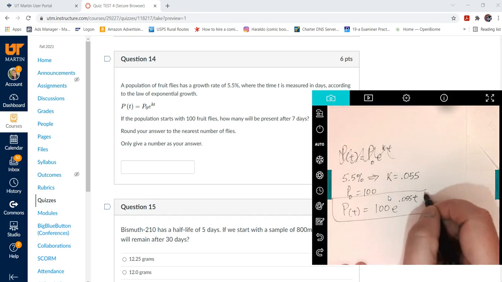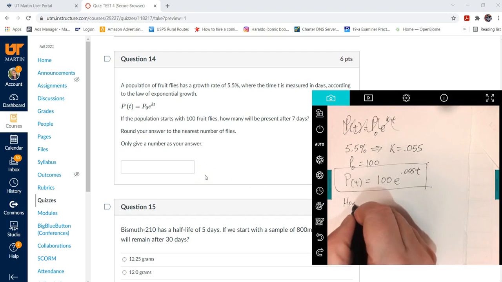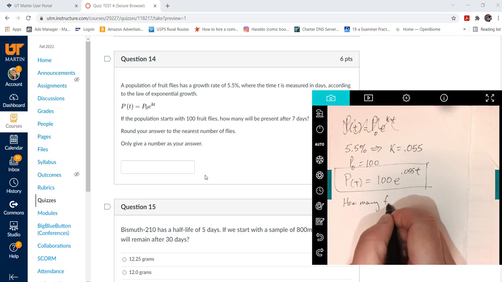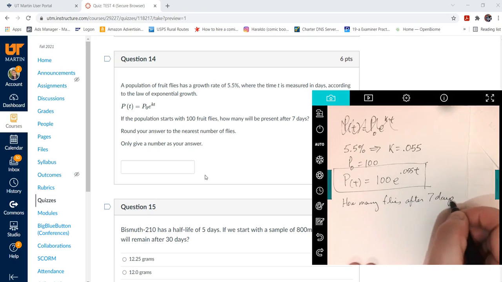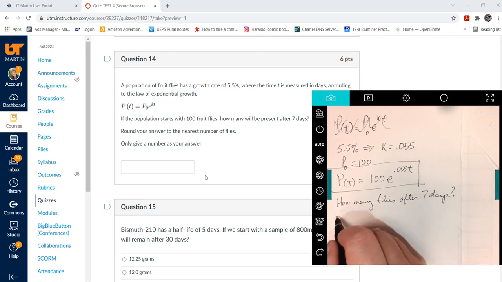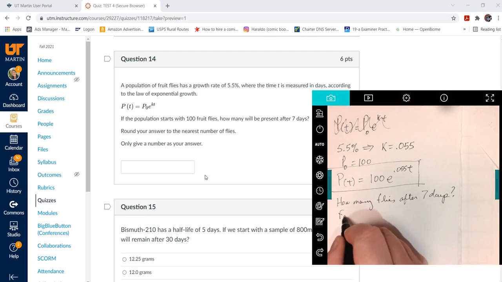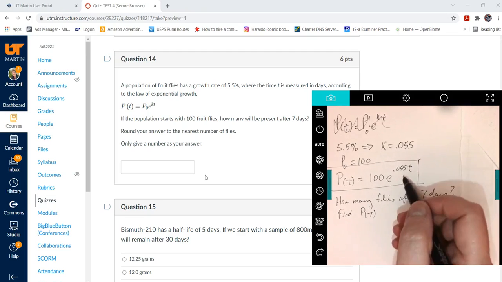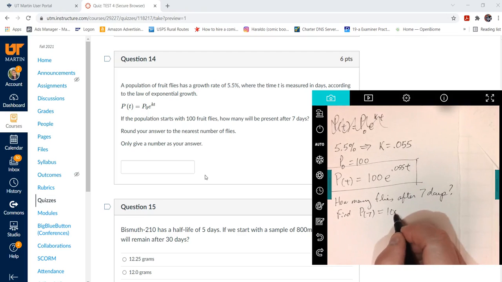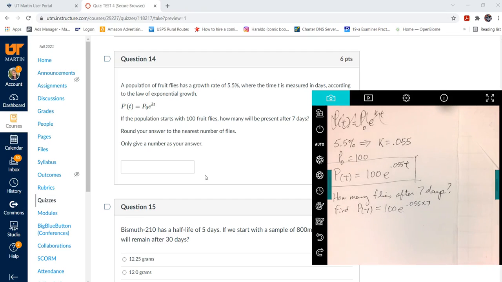This is the formula that we're going to use. How many flies after 7 days? So P of t is the population at time t. We're supposed to find the population after 7 days. And here's my formula. I just plug in t equals 7.